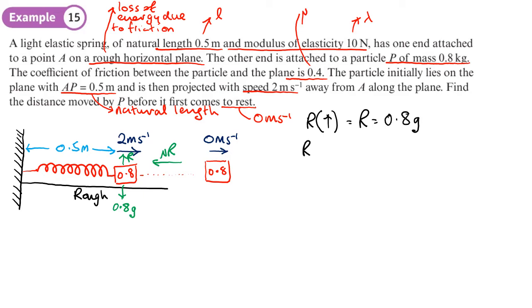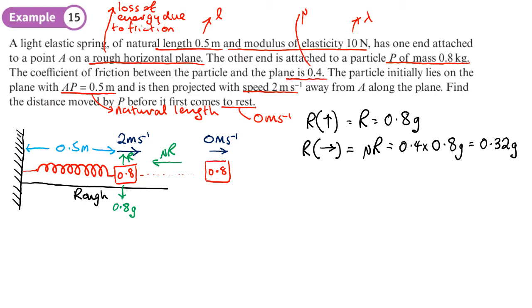If we resolve horizontally, then mu R is going to equal, mu is 0.4, so 0.4R, which gives us 0.32g.